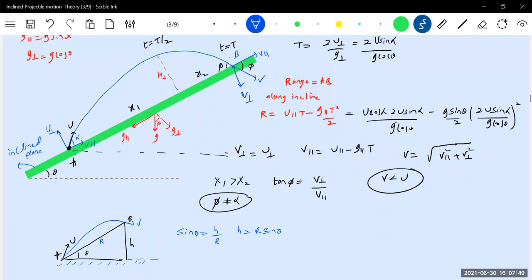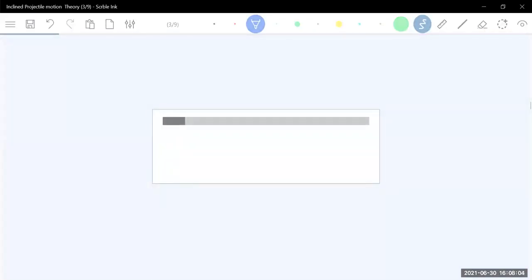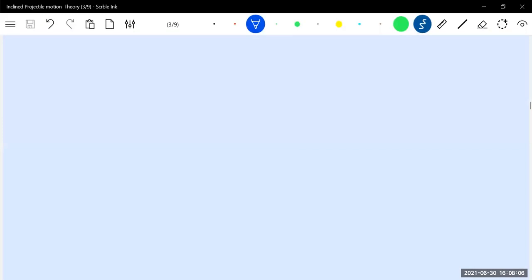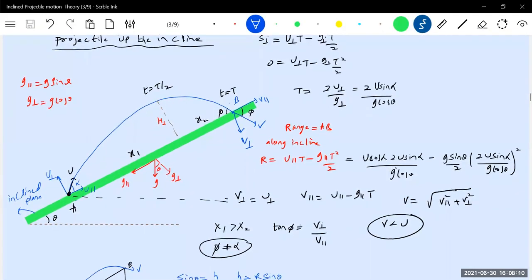Okay, let's analyze. What is the condition for the projectile to strike normally the inclined plane? It can happen that it may strike normally. Sir, what do you mean by normally? V parallel may be 0.